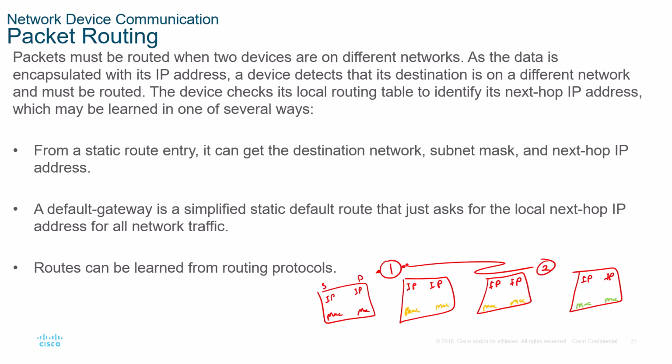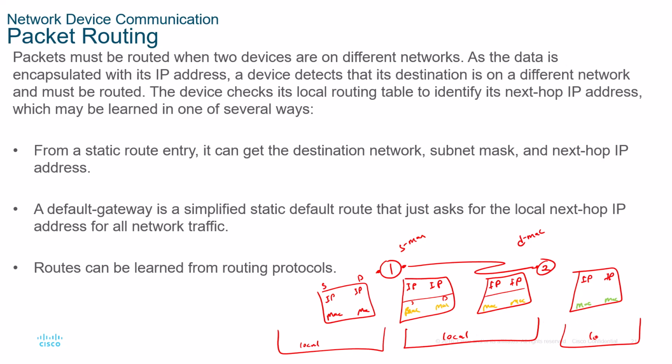So when it leaves this interface, it will pack on a new frame identifying the source MAC and destination MAC. Once it gets received on router 2, it's going to remove that MAC address, because here's one local network, here's another local network, here's the third local network.